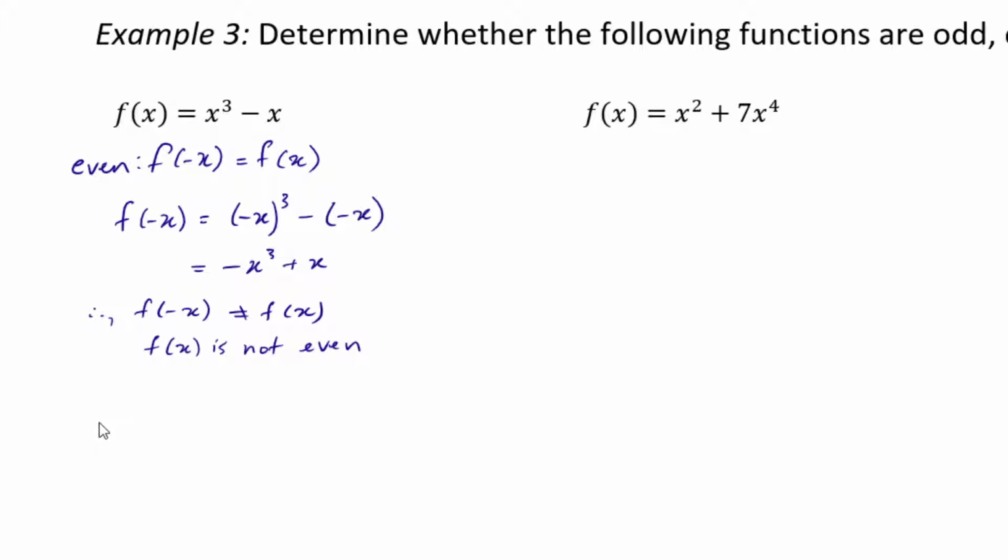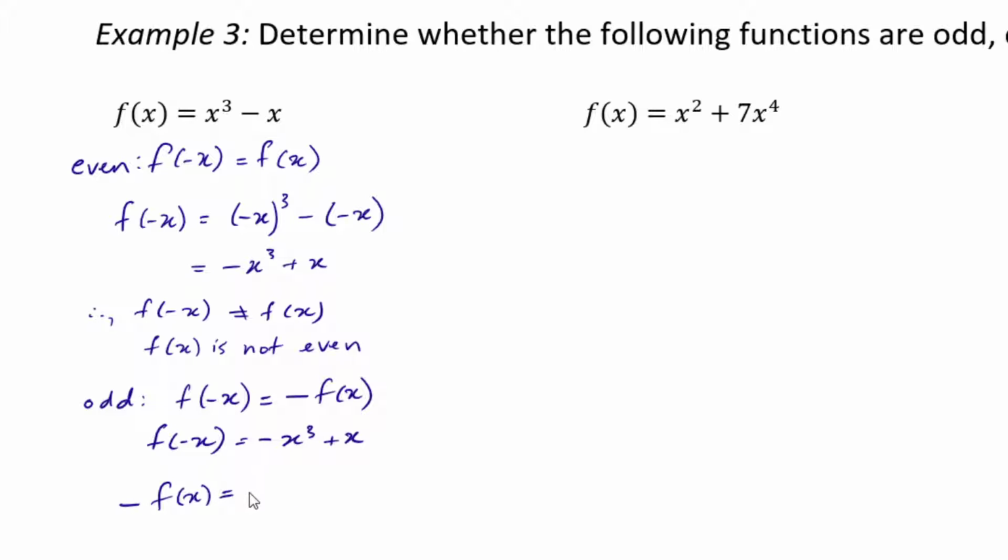Let's take a look to see, though, if the function is odd. The function is odd if f at negative x is just equal to the negative f at x. All right. So what I'm going to do now is I'll restate what f at negative x was, because we already figured that out. F at negative x is equal to negative x cubed plus x. Now what I'm going to do is find out what negative f at x is.